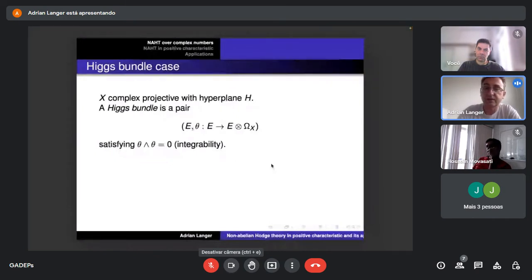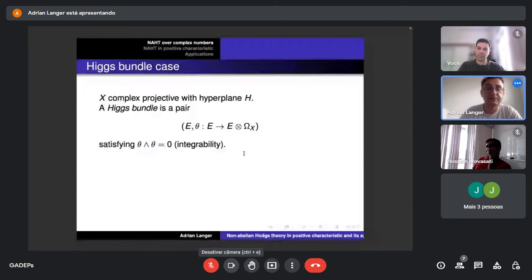Saying that theta wedge theta is equal to 0 roughly means that we can consider this sheaf as a module over the symmetric tensor algebra of the tangent bundle on your variety.